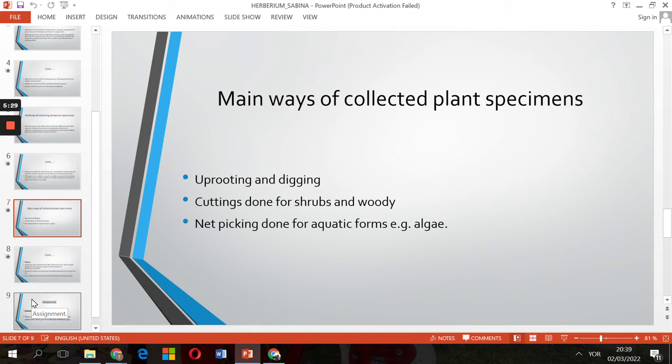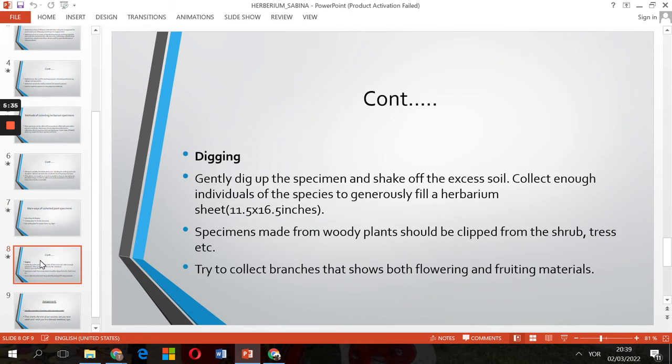We also have cutting from shrubs and woody plants. When it comes to digging, it is advisable that you gently dig up the specimen and shake off the excess soil.